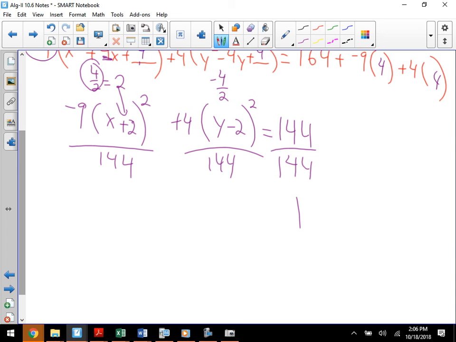So 4 and 144, they're both divisible by 2, right? All right, what's half of 4? What's half of 144? All right, what's half of 2? What's half of 72?